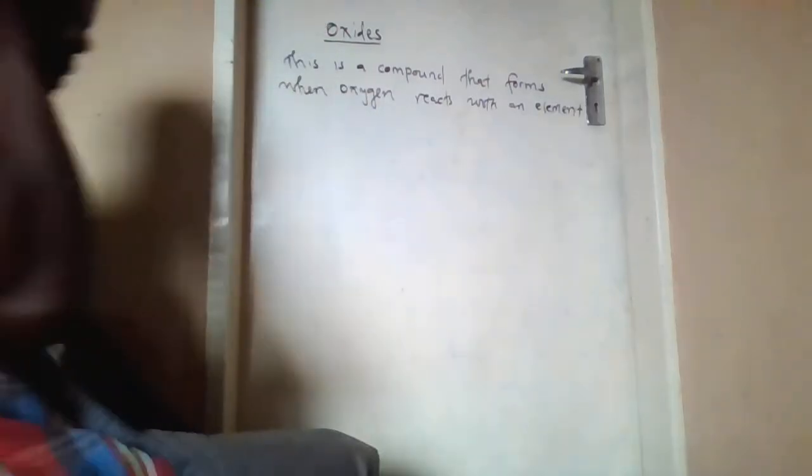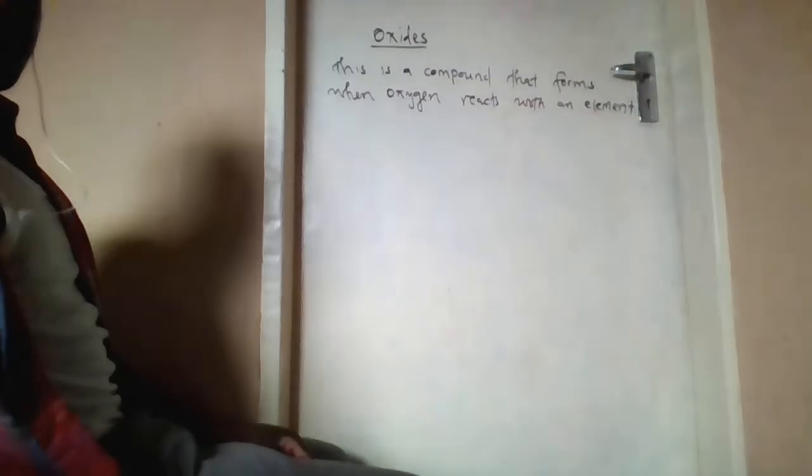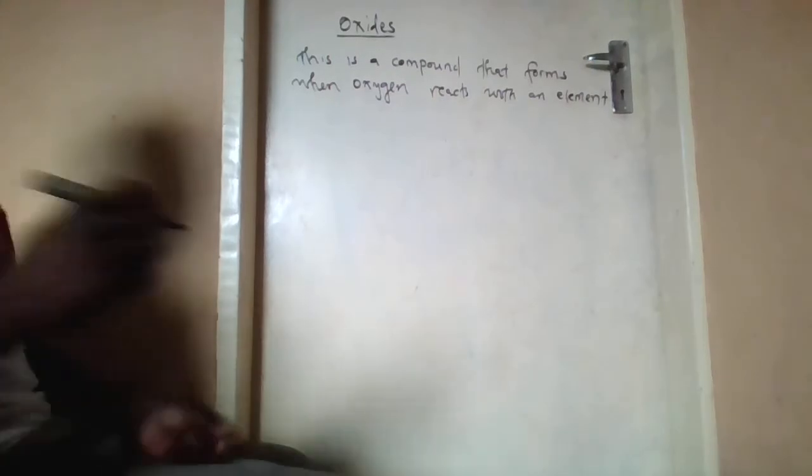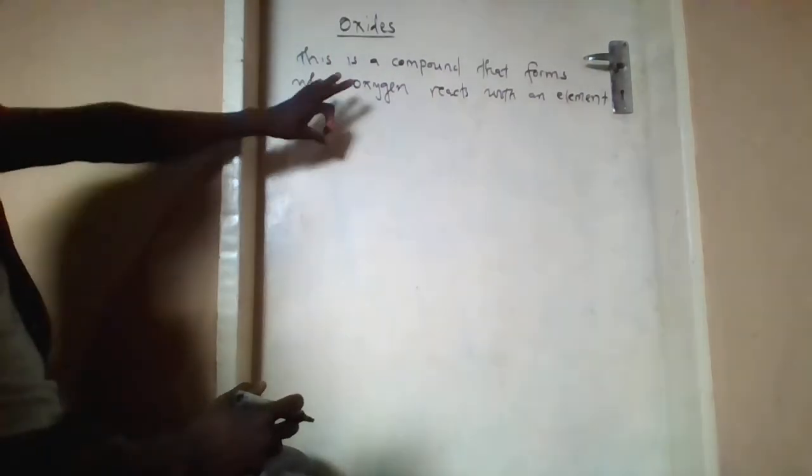That's a simple definition I'm going to give about an oxide. An oxide is a compound that is formed when oxygen reacts with an element. There, I just left it open-ended.